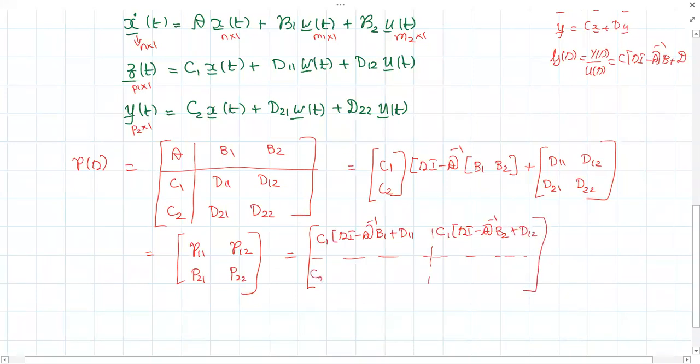This one will be C2 into (sI minus A) inverse B1 plus D21. And this will be C2 into (sI minus A) inverse B2 plus D22. Okay.